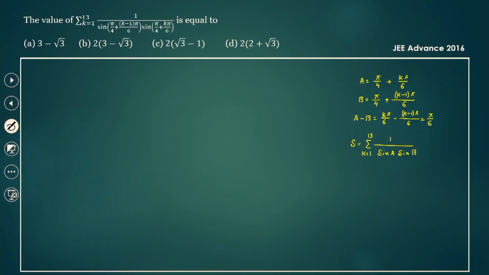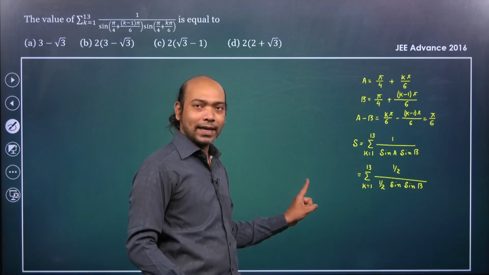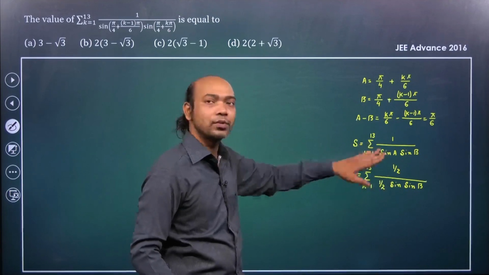So this can be easily written as summation of k equal to 1 to 13 of 1 by 2 sine A sine B. If I write 1 by 2 in the denominator, it will become 2 in the numerator, so that 2 can be taken common and came out.